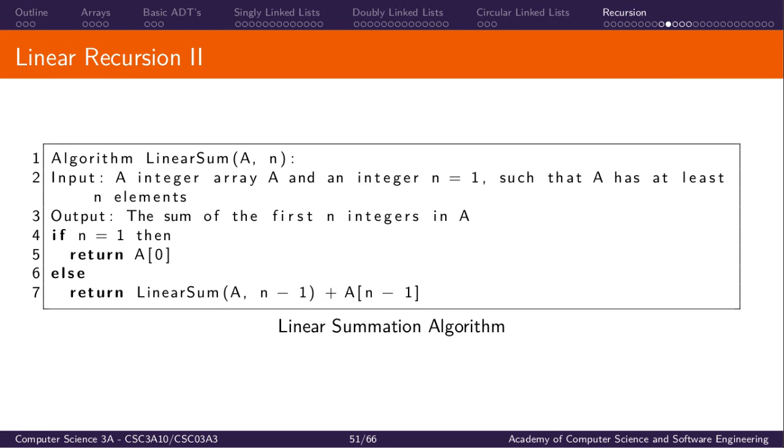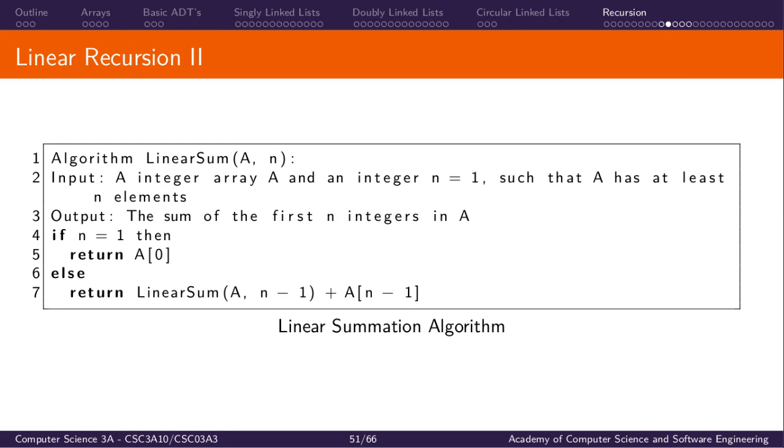Then for our recursive call, we have to make our problem smaller in such a way that it moves towards the base case. So we call linear sum again with A, but now with the second argument of n minus 1. So now call linear sum to calculate the sum of all the integers within this array from 0 up to n minus 1 this time, right?